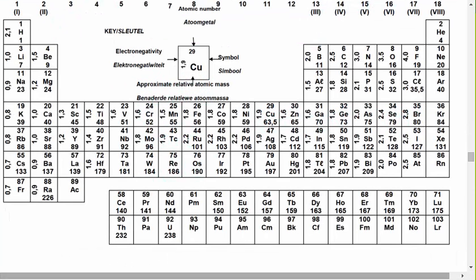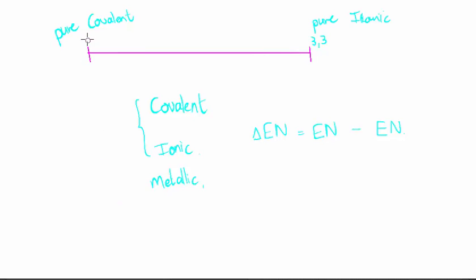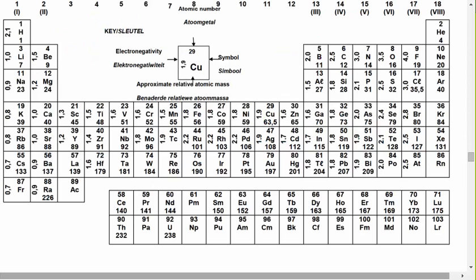What would be the smallest difference? I'll tell you just for time's sake: 0. That is when I want to share with myself, like hydrogen and hydrogen. What's the difference between their electronegativity? 2.1 minus 2.1 is 0.